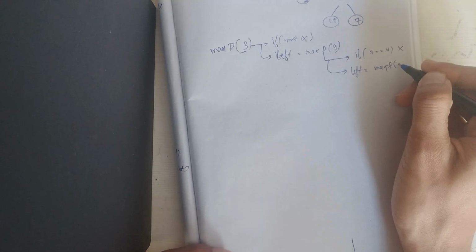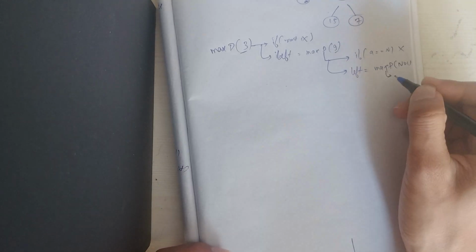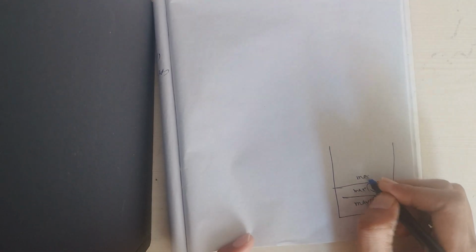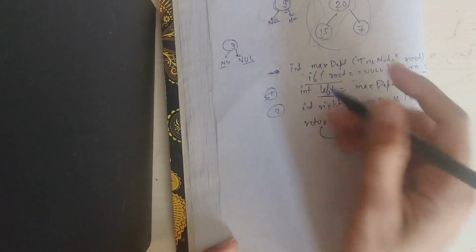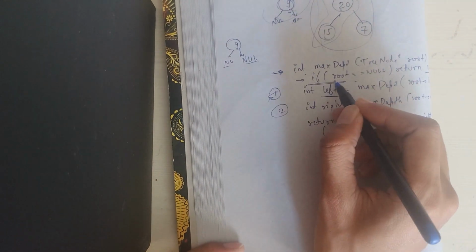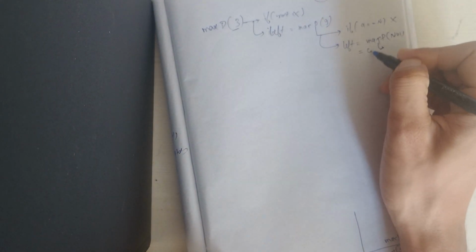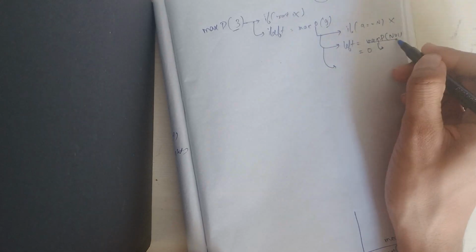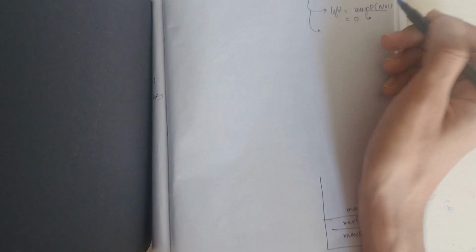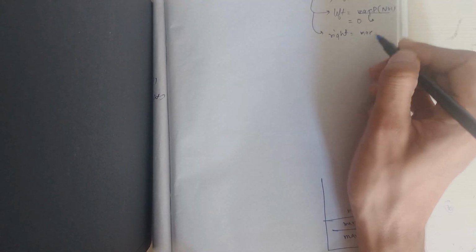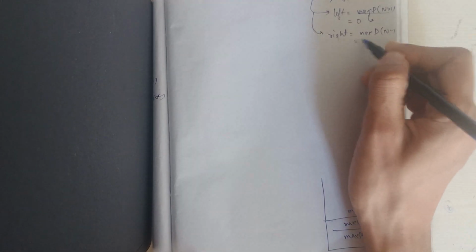So maxDepth of null is called. The if condition is satisfied, because null equals null, so it will return 0. So the value of left is 0. Now right equals maxDepth of null, which will also return 0.